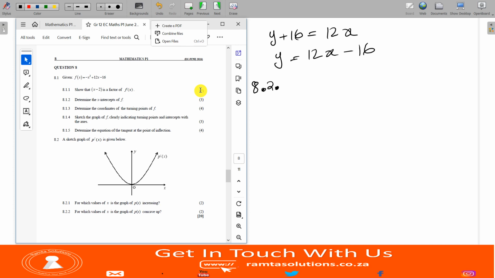Now, they ask for which values of x the graph of p of x is increasing. The graph of p of x is increasing when p prime of x is greater than 0.